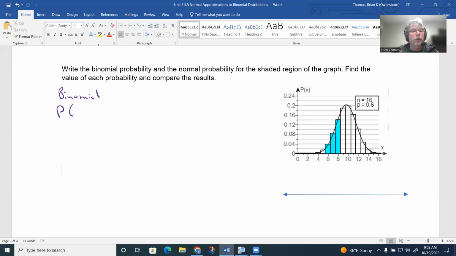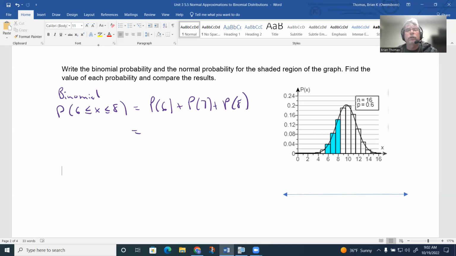So it's going to be the probability of being between 6 and 8 inclusive. So to do the binomial probability, you actually have to find the probability of the 6 plus the probability of the 7 plus the probability of 8. You actually have to do each individual one.